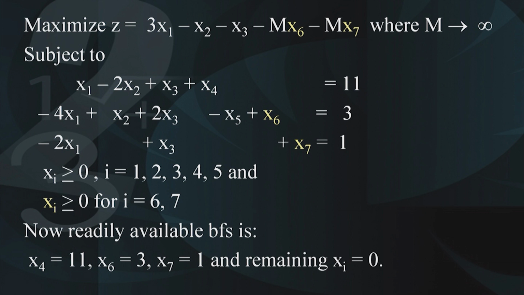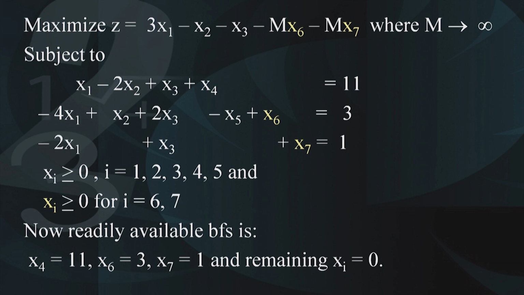What is the reason behind introducing these two terms in the objective function? Because, as I said, these artificial variables x6 and x7 are, in the beginning of the simplex calculations, non-zero, that is, they are in the basis, because what is the BFS in this system of equations?